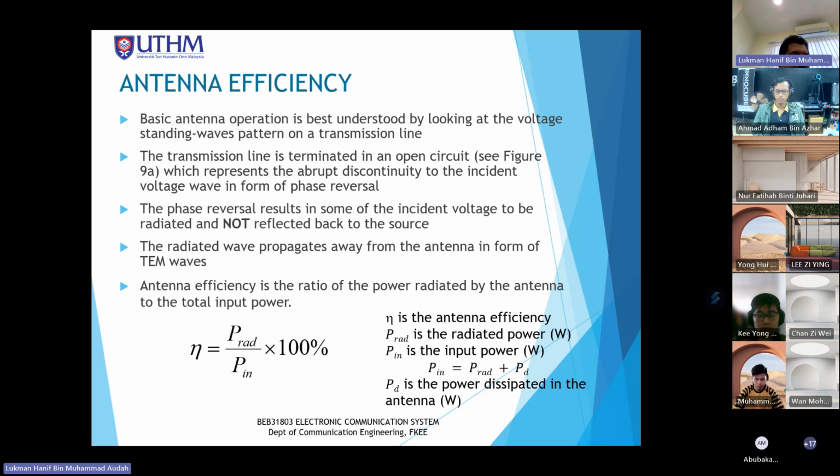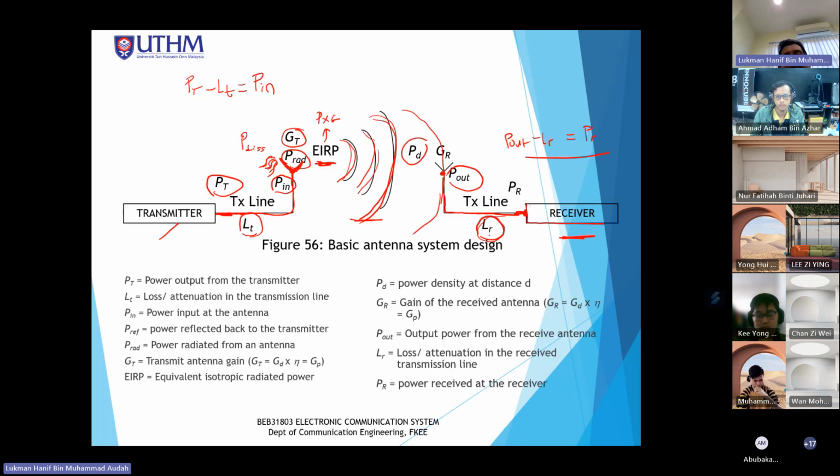Now we're going to see the antenna efficiency. Antenna efficiency is measured as P radiation divided by the P input, multiplied by 100%. Remember that some of the input power will be dissipated as heat, and the majority of it will become the radiated power.